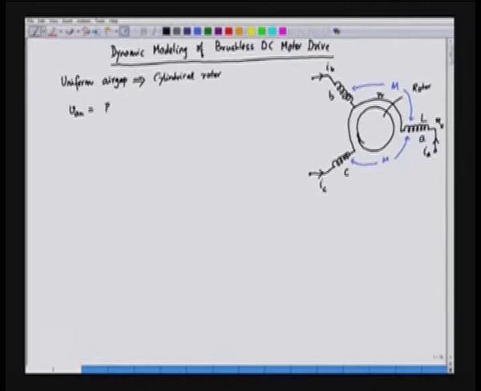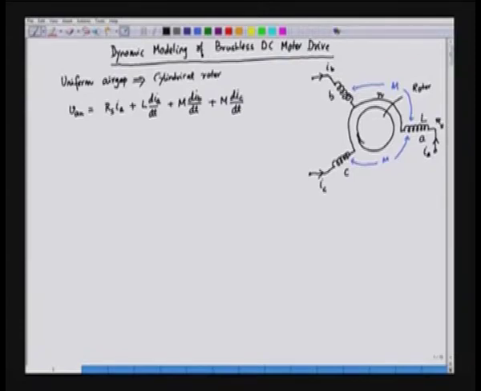So we can say RS into IA plus the self inductance L dIA by dt plus M dIB by dt, that is the mutual between phase A and phase B, and then we will have the mutual between phase A and phase C, M dIC by dt, and each phase will have a back EMF because the rotor is a permanent magnet rotor.